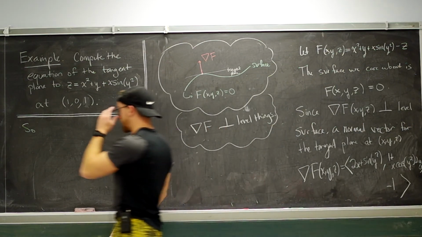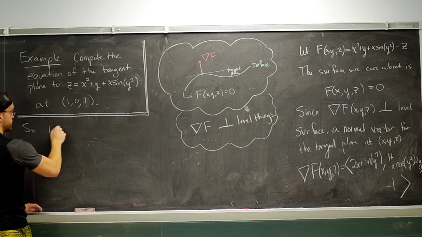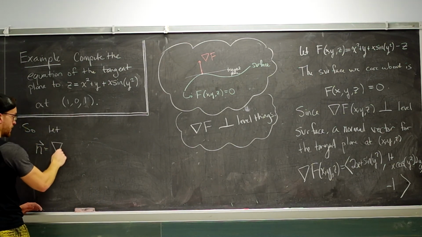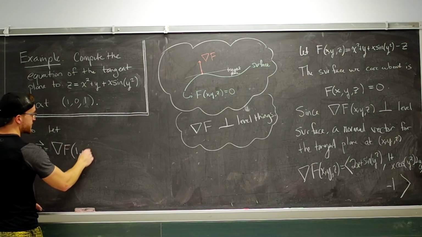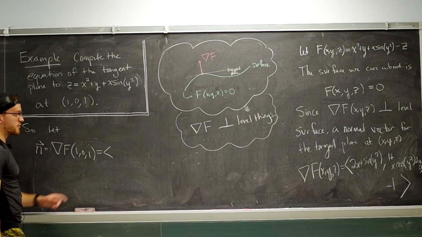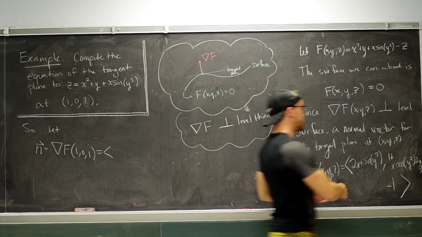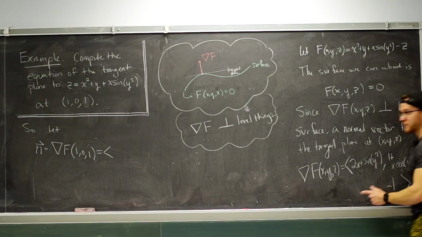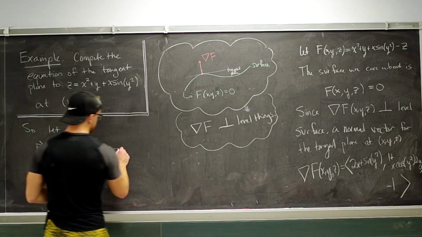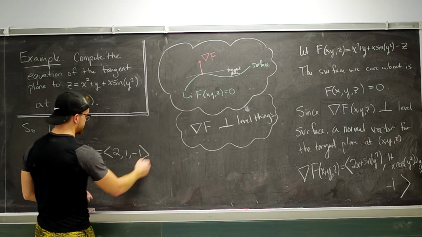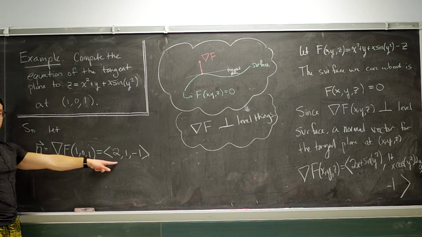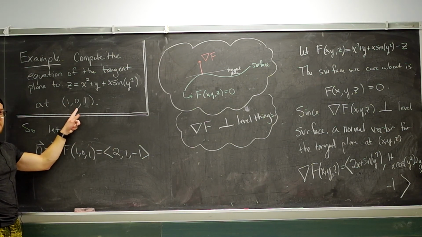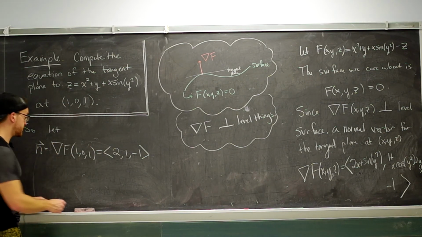The one that we care about is the gradient of F at the point (1, 0, 1). Again, the first 2 components we already computed in the first solution. This will be 2 plus 0, so 2. 1 plus 0, so 1. So the vector is (2, 1, -1). Normal vector, point, we can spit out the equation and we're done.